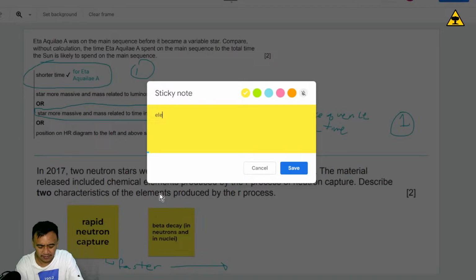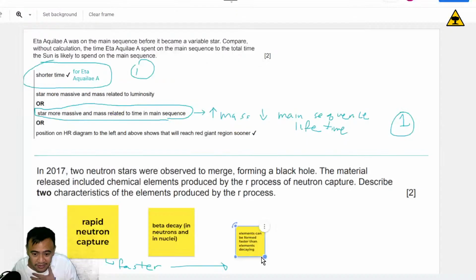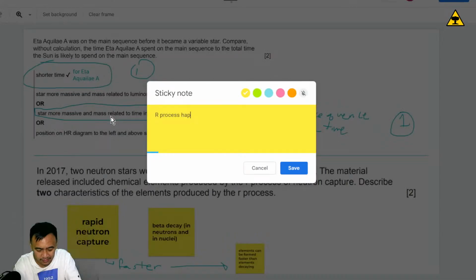Okay, there's actually a third point to it, and I'll just mention this because this is in the marking scheme. The third point, which you don't need to get the marks here, is that this process happens for elements heavier than iron.